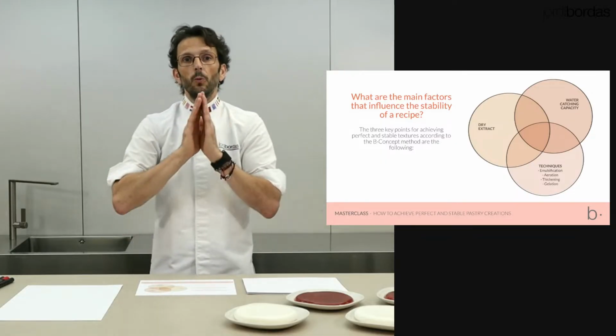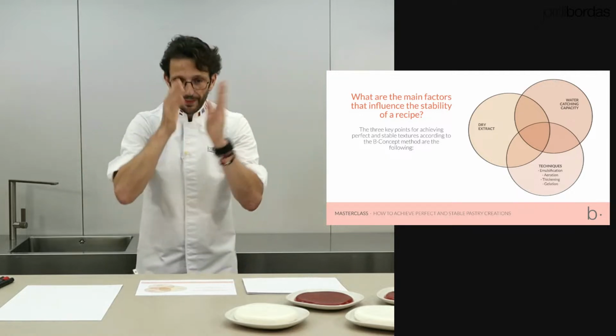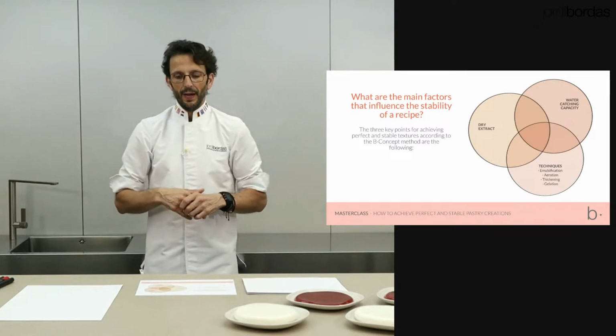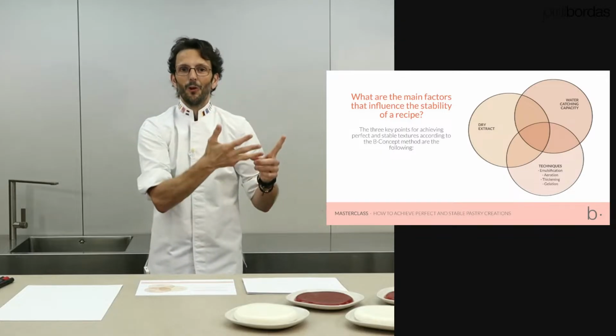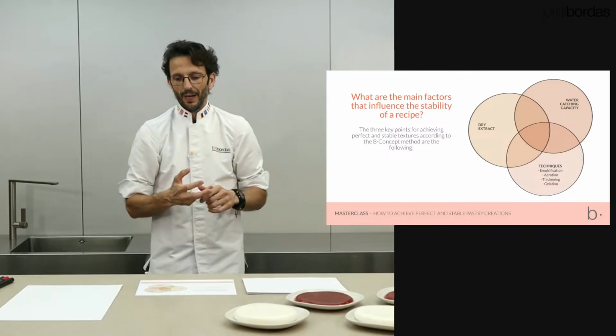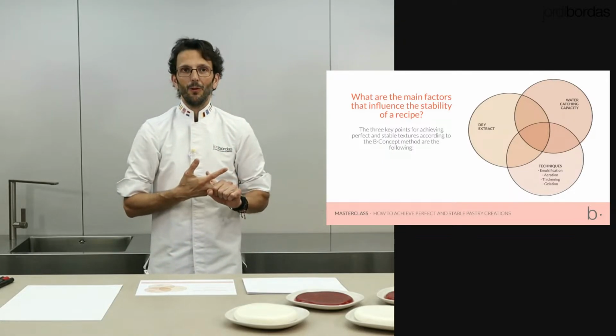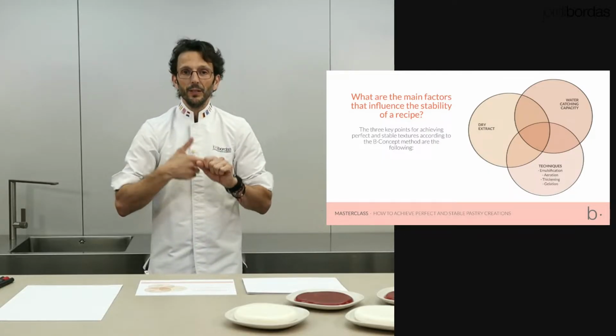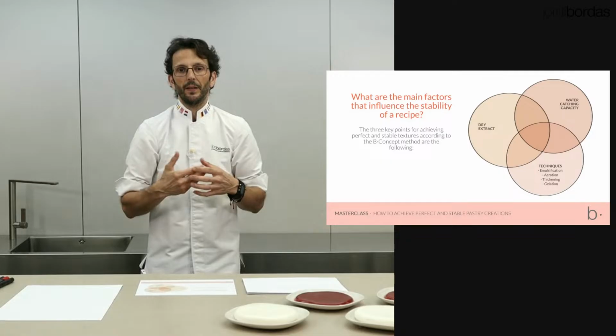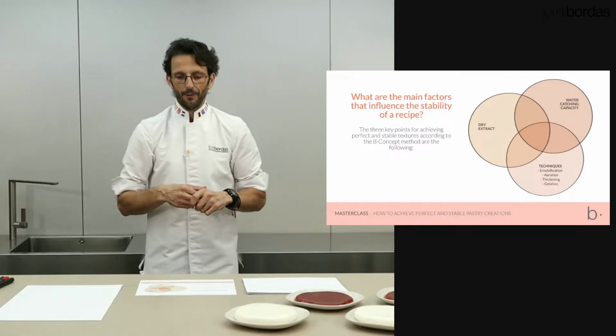And sometimes we apply two, or we apply three. That means I can have a recipe that needs more dry extract, and I introduce more dry extract and reduce water in my recipe. I introduce ingredients that have high water catchment capacity, and I introduce another technique in order to control the water in my recipe.